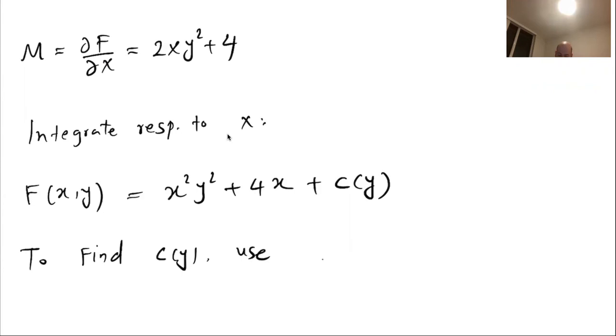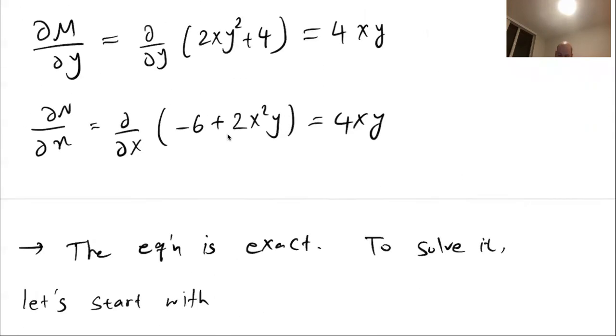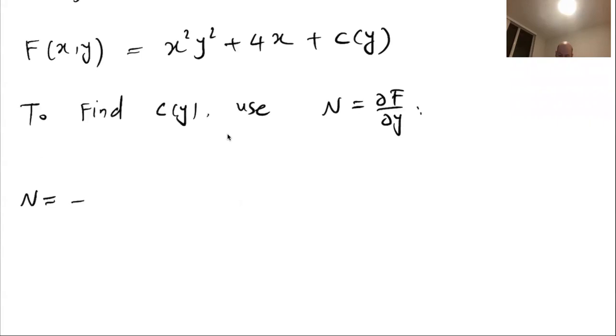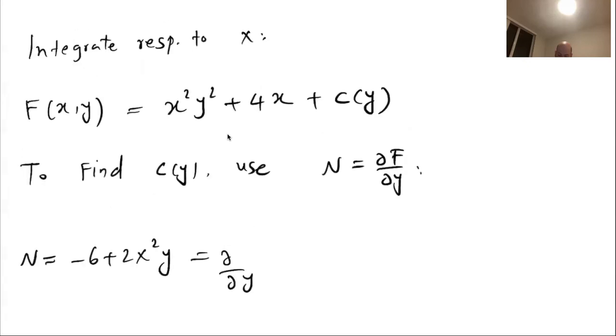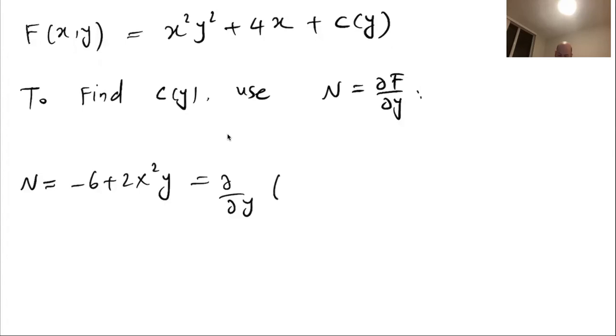Now to find c of y, we said we have to use the other condition. Use N equals df/dy. So what is N here? N here is minus 6 plus 2x squared y equals d/dy of this function here, x squared y squared plus 4x plus c of y.